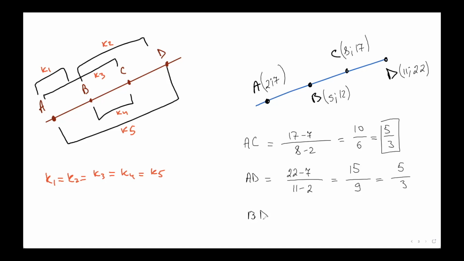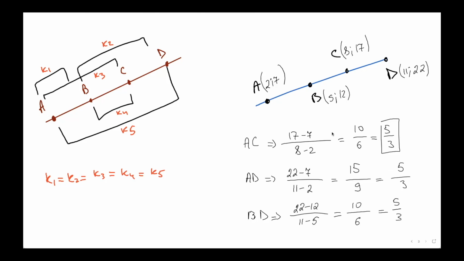Let's write the slope by using those 2 points. It is 22 minus 12 divided by 11 minus 5. It is 10 divided by 6. Again, it is 5/3. So what I mean is, if all the points are on the same line, it doesn't matter what 2 points you select, you will get the same slope.